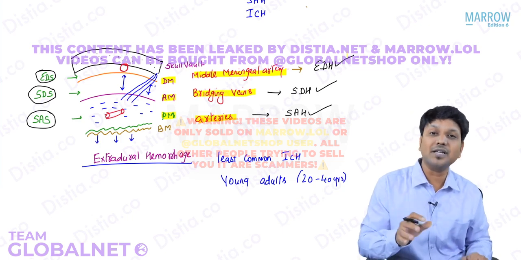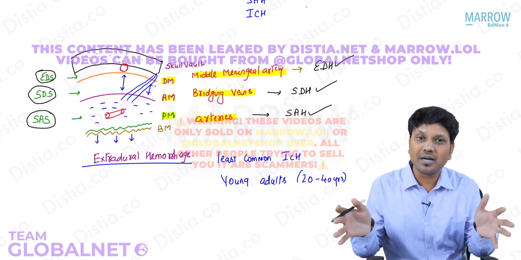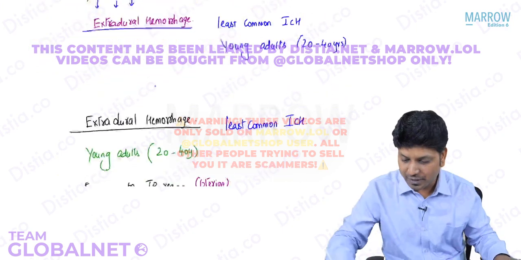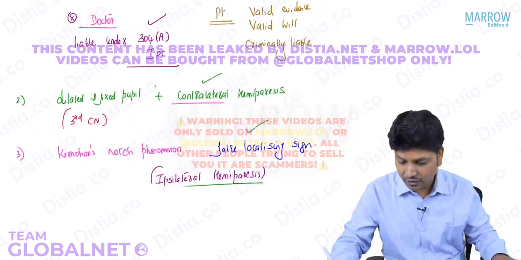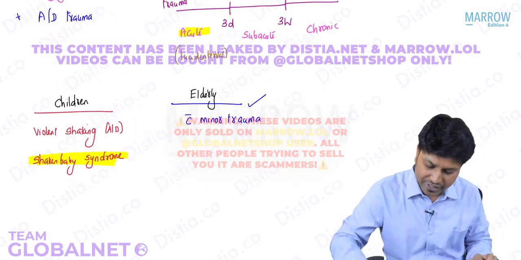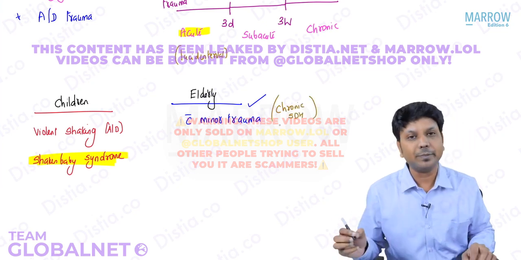But what happens is over a few weeks, the bleeding becomes bigger, starts compressing the brain. The patient will present to you after a few weeks with clinical features. Right? So chronic SDH is very, very common. Chronic SDH is very common with elderly people.